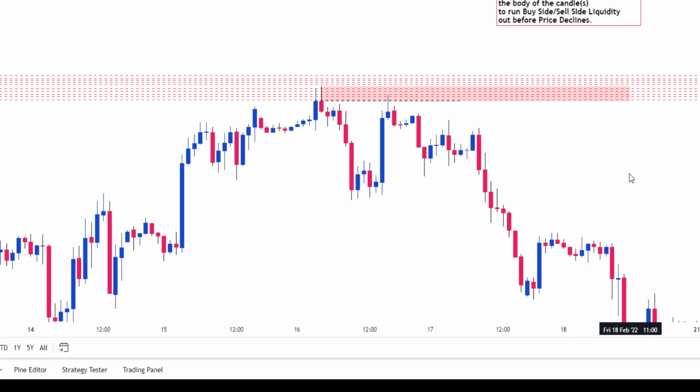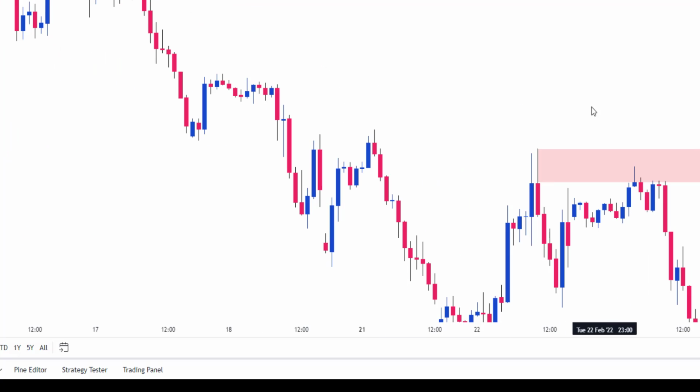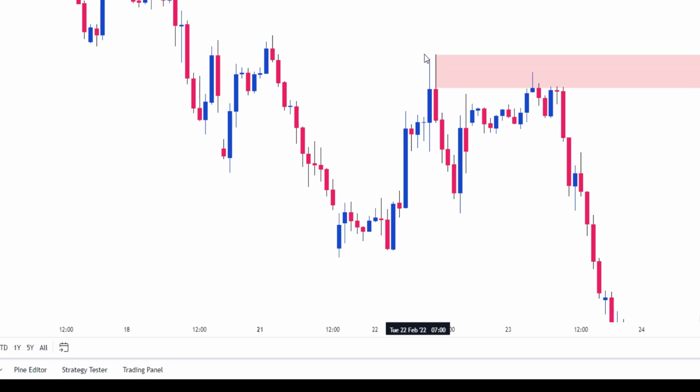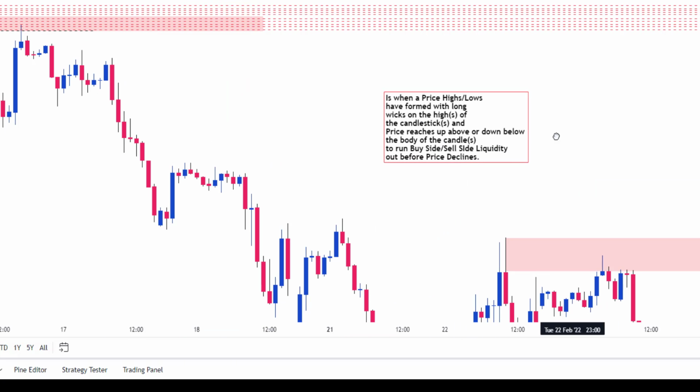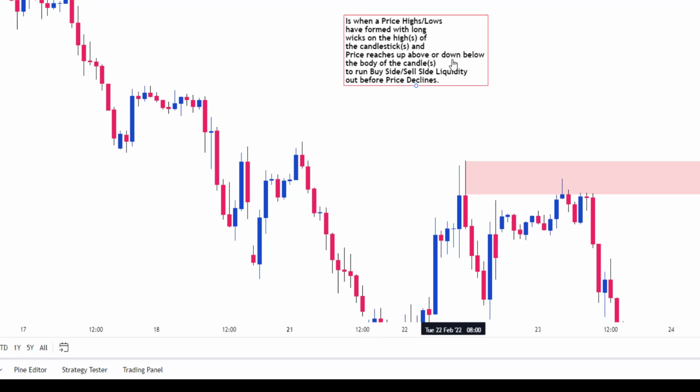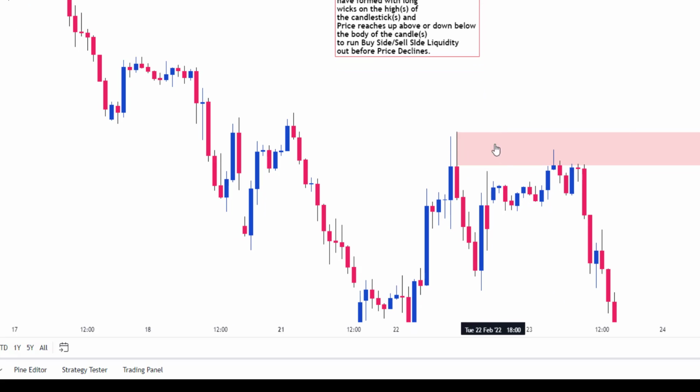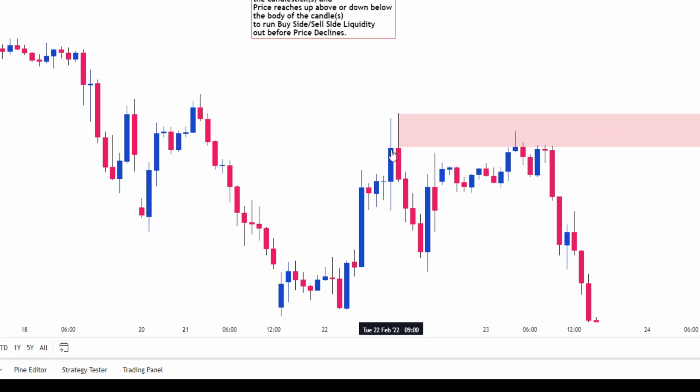All right, let's see more examples. I have another one right here. When you see price action with, what did ICT say, with long wicks on the highs or the lows of the candlesticks, you can actually see it. And then price trading above the body, these are the bodies of the candle right here. Price trading above it and quickly gets rejected.